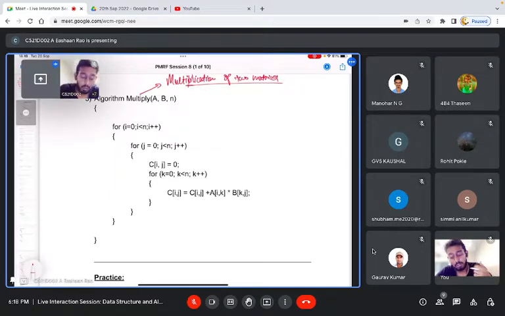We will check those things and see how the time complexity differs in such cases. Right now we are taking simple basic examples. All will be basic examples, but the variations will be quite a lot.